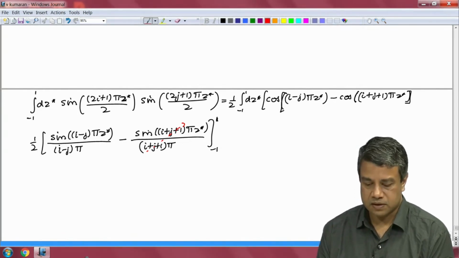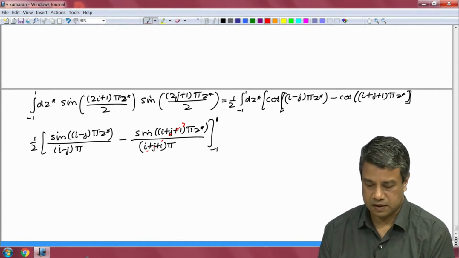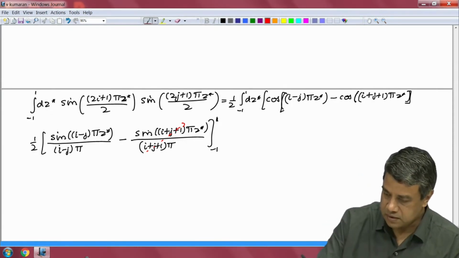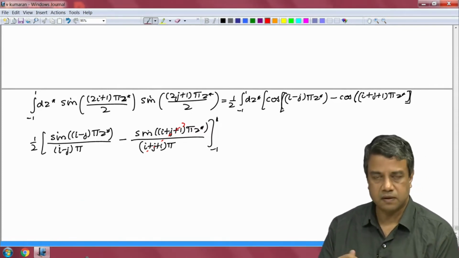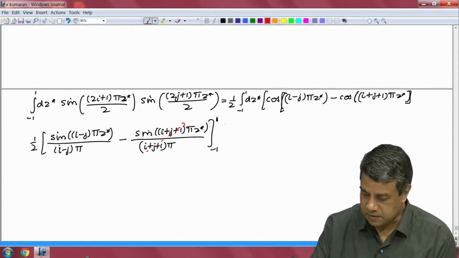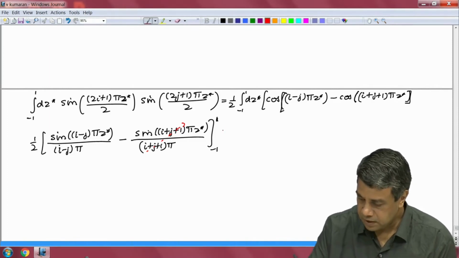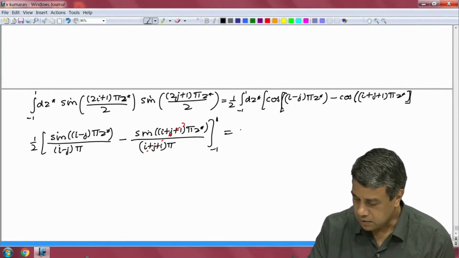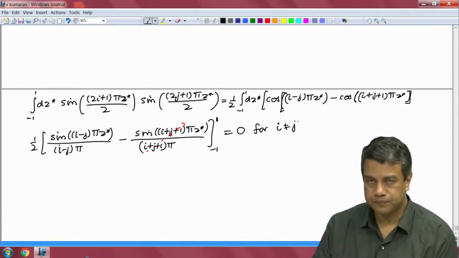Therefore, this is also 0 provided i is not equal to j, so that the denominator is finite. If i is not equal to j, the numerator is 0, the denominator is finite, and therefore you get 0.